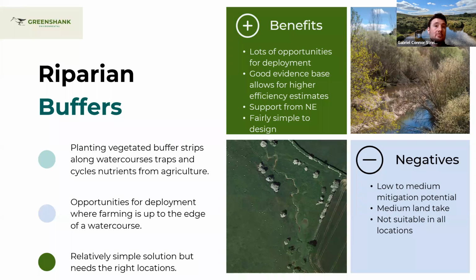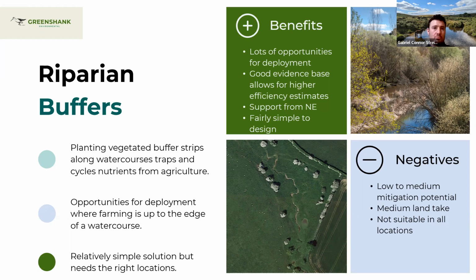One of those is riparian buffers, and for those of you who aren't familiar with riparian buffers, effectively, as you can see, this type of stream that we're all used to seeing in agricultural environments here, the kind where you've got agriculture going right up to the edge of a watercourse.